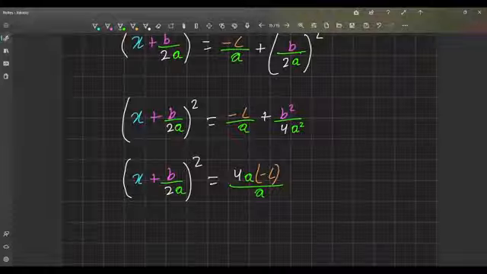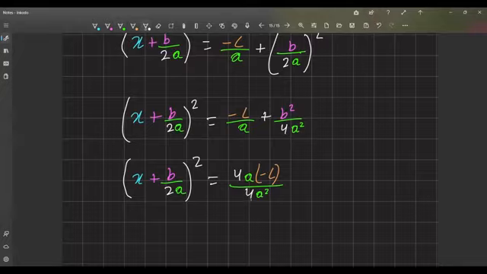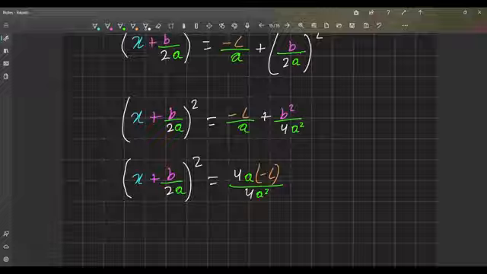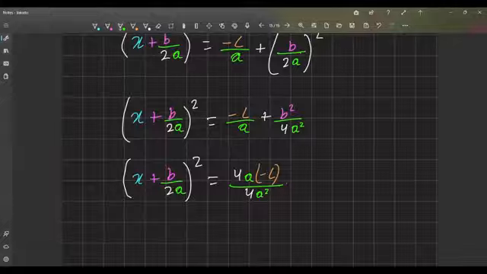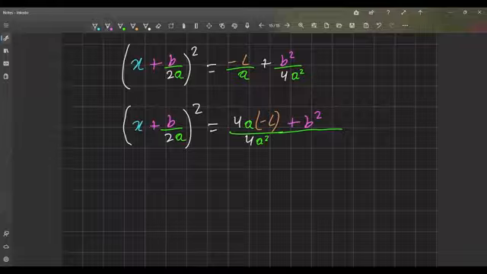I'll not cancel it out, since 4a square, 4a square, I'll not cancel these out because I want this to be in a single form. Since it is in the single form, I can just expand this, and then on the top I'll have plus b square.